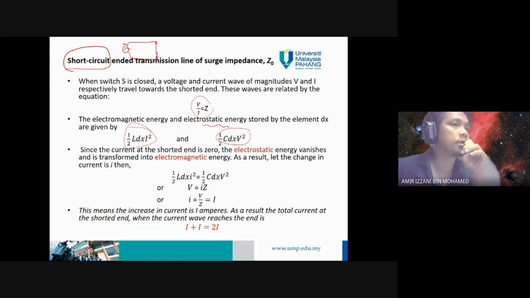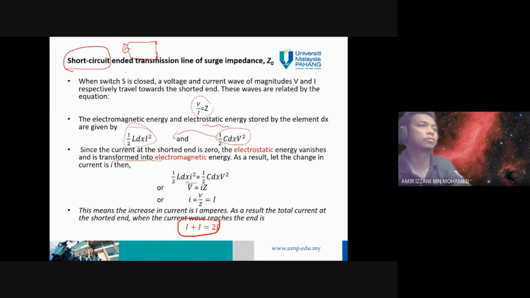So all of the electrostatic energy will be transformed into electromagnetic energy. So the change in current is I. So finally here what will happen is that the current will be double. The current will be double for short circuit condition, whereas for open circuit the voltage is double.